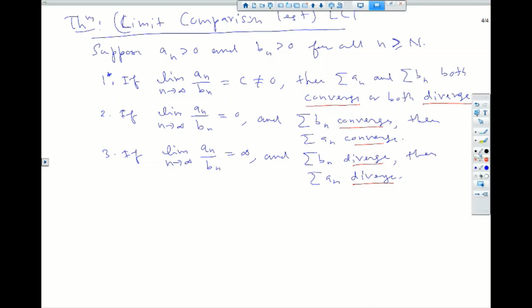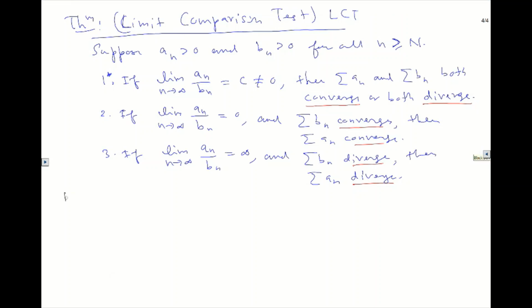As the very first example, remember we had a problem that we could not do using the direct comparison. Now let's try to do this problem. What was that? We're going to compare the sum from n equals 1 to infinity of 1 over n plus 1. Because if you try a direct comparison, the inequality goes in the wrong direction, it's less than, but that's not what we exactly want.